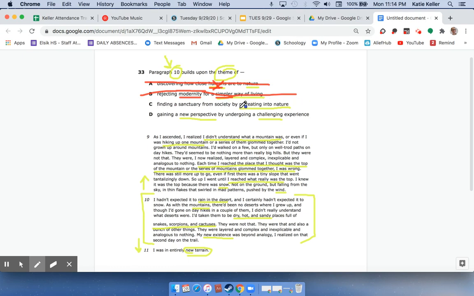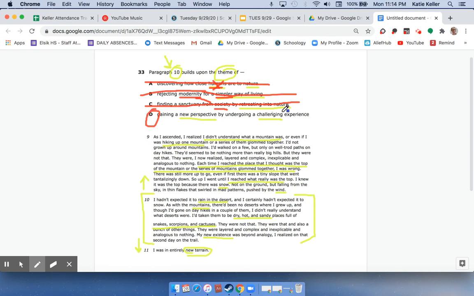Now, retreating into nature sounds correct, but does she ever talk about society in paragraph 10? No, she does not. We just talked about how that eliminated answer choice B. So C is wrong. And just by using process of elimination, matching our annotations with our keywords, we can see that D is the correct answer here.